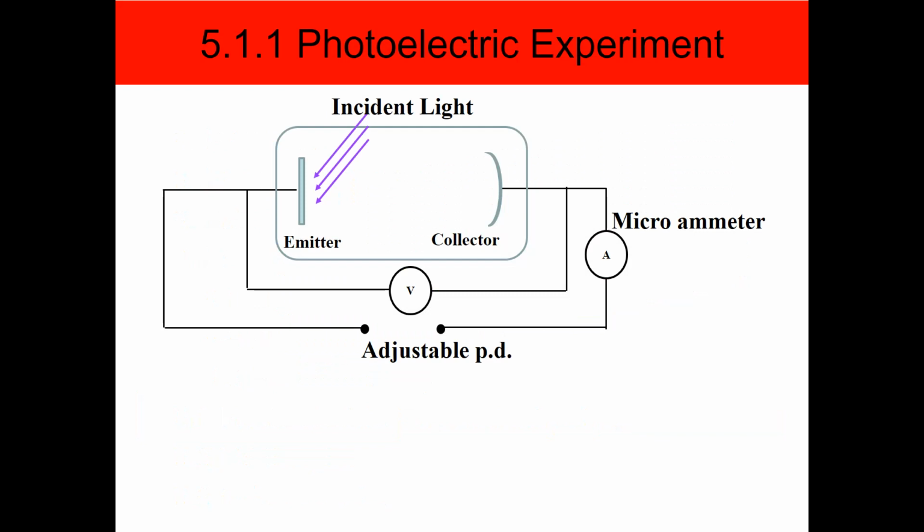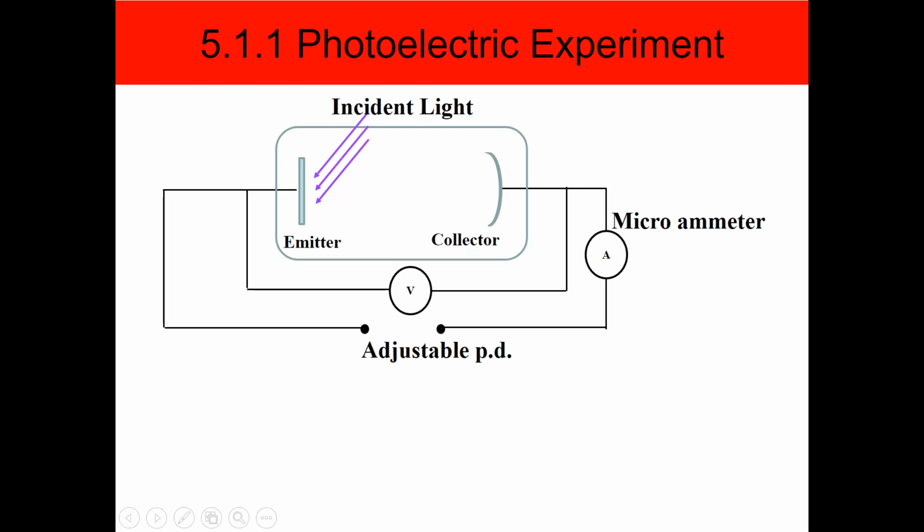So let's start. Photoelectric experiment, you have incident light hitting on the emitter, and electrons are emitted out towards the collector. These electrons will then travel and register on the microammeter, travel through this circuit, and come back to the emitter. You have an adjustable PD here. This is the cheat, right?